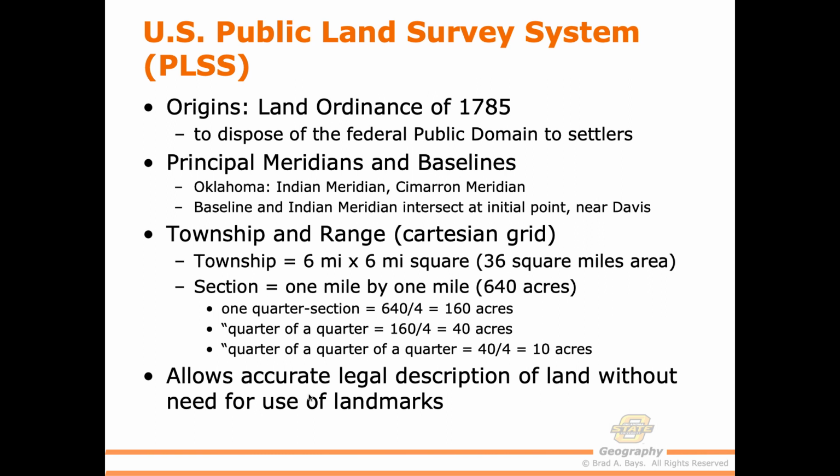Now, who is the United States federal government? Technically, it is Congress, and Congress are our elected representatives. So the idea is that the United States federal government is the people, okay? So the government is the public, and so the federal lands are public lands.